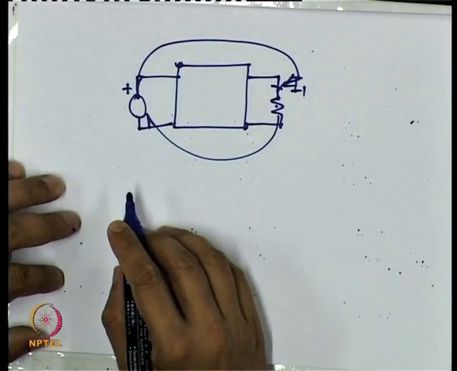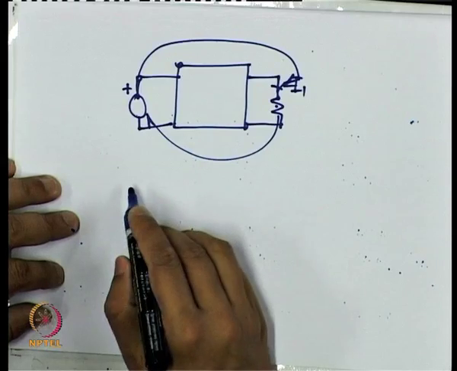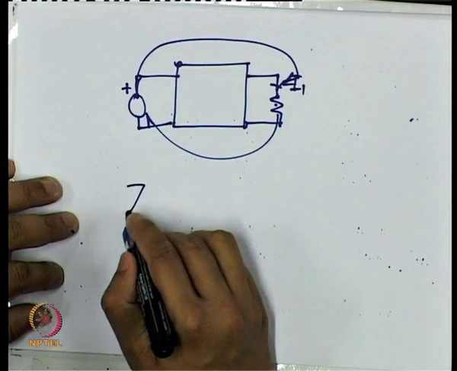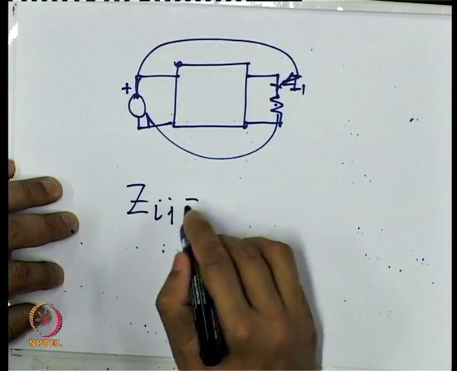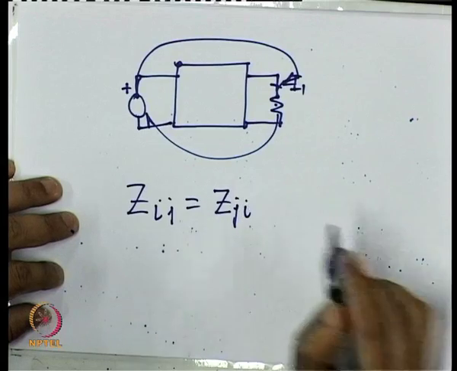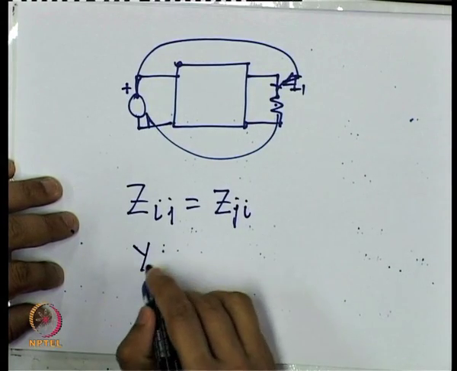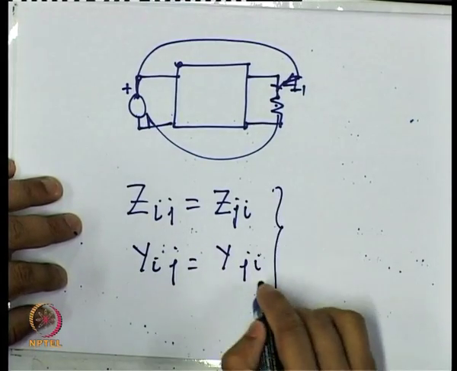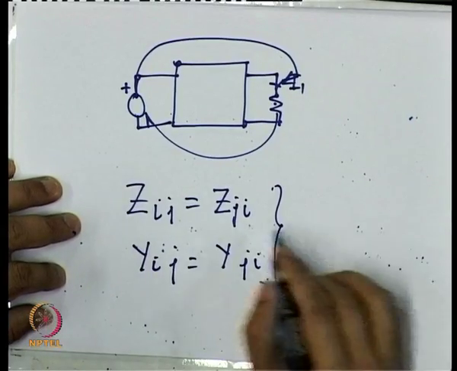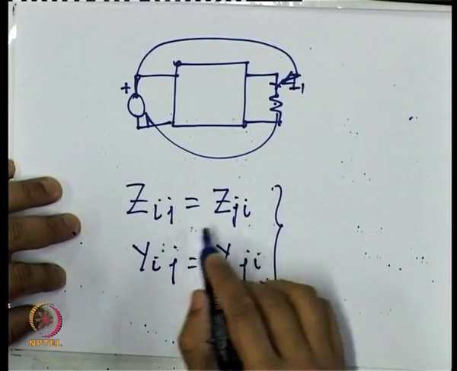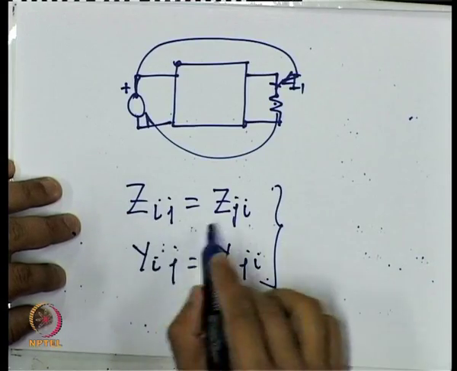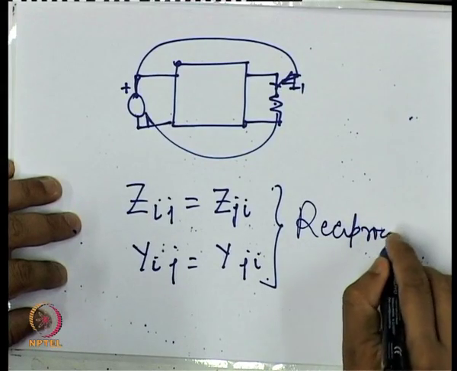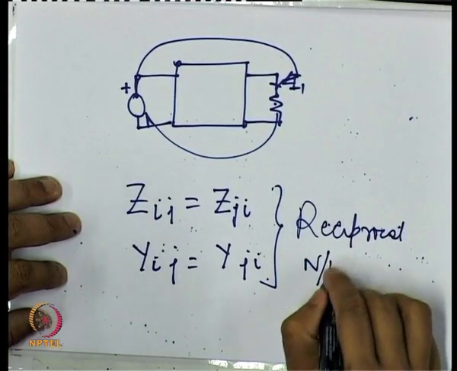In simple terms, reciprocity in terms of the Z and Y parameters that we just defined is that Zij is equal to Zji, or Yij is equal to Yji. These are the same expression, so it is not that both have to be satisfied, any one of these. If any one of these conditions is satisfied, then the network is said to be a reciprocal network.